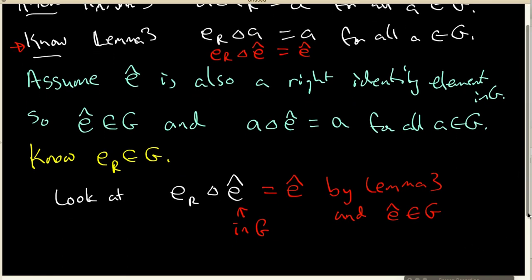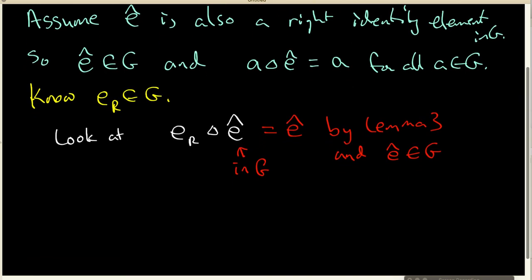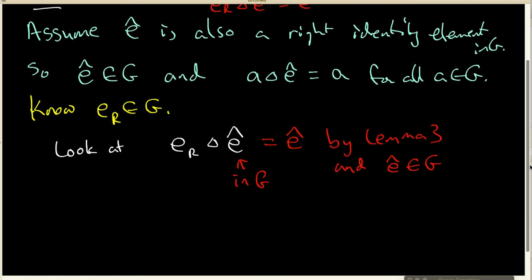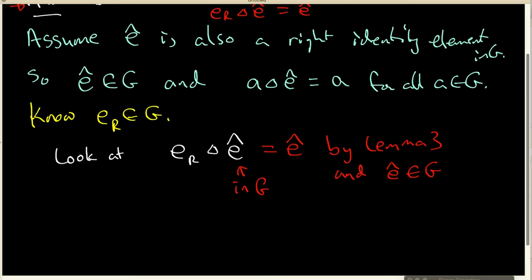But I now want to look at that same expression with slightly different eyes. So I'm going to rewrite this down again. And I want to think about this guy here. This guy is known to be a right identity element.